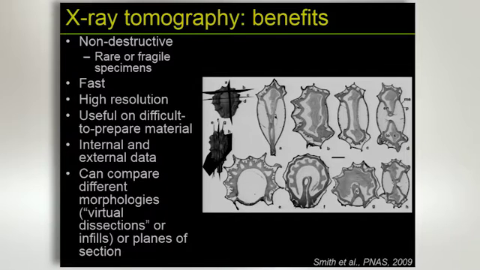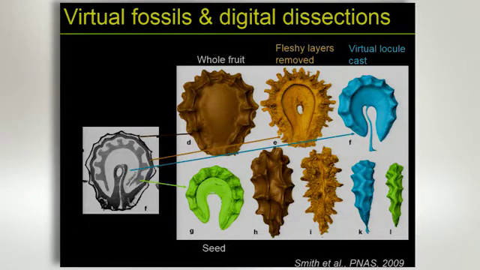We can also virtually dissect or infill structures. So here's that same fruit. So that's the whole fruit. If we remove this outer fleshy layer here to reveal the endocarp, you can see that's quite different. This is the seed inside, and then this blue one is a virtual cast of the space inside the endocarp.